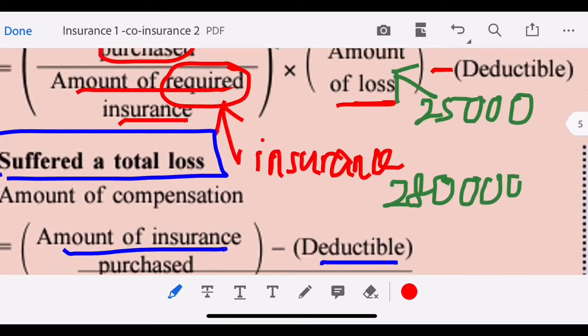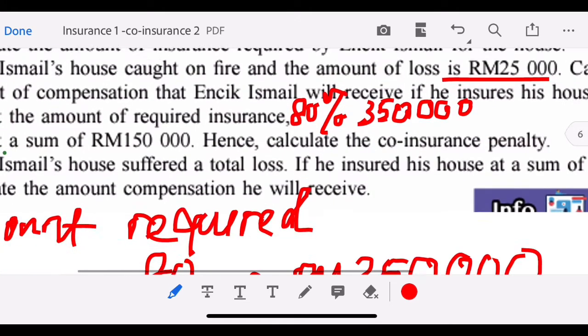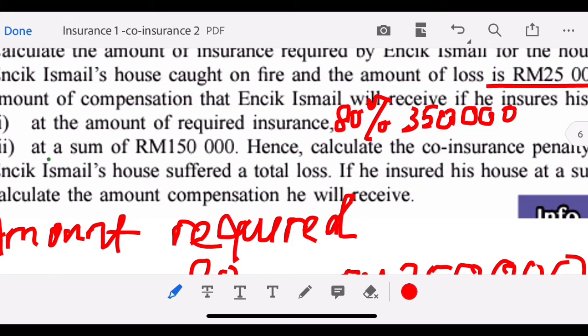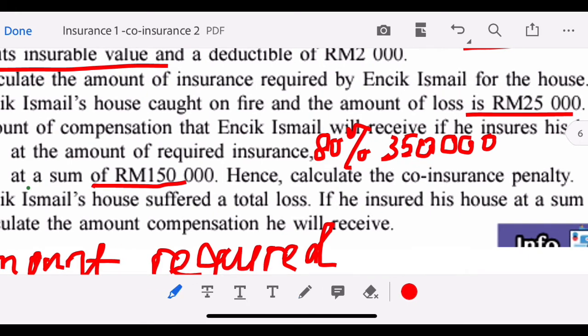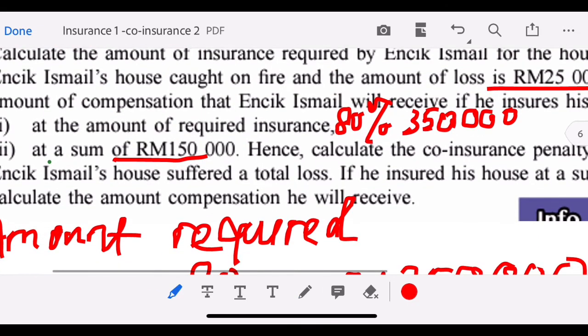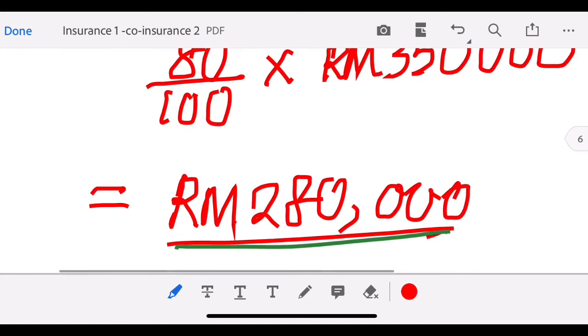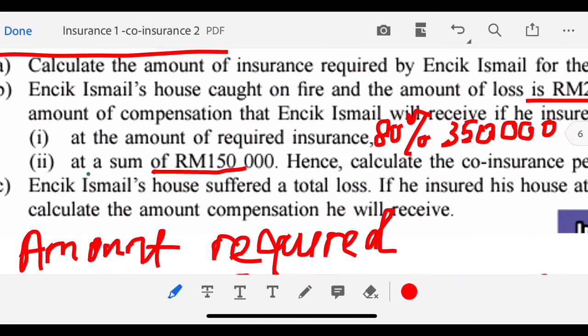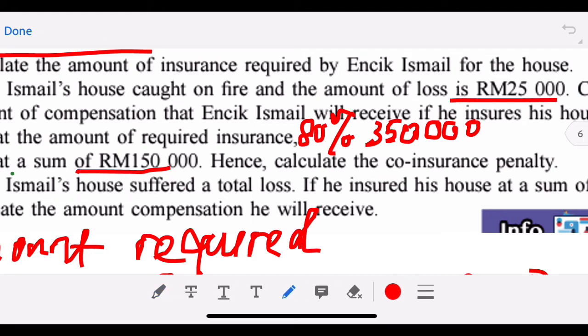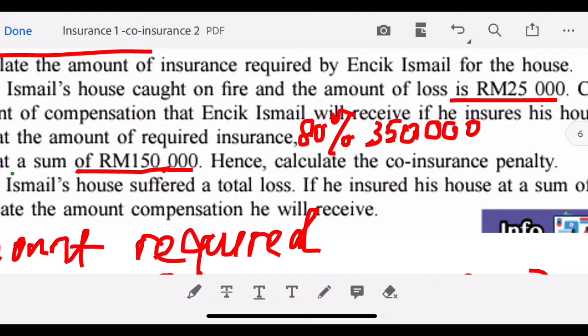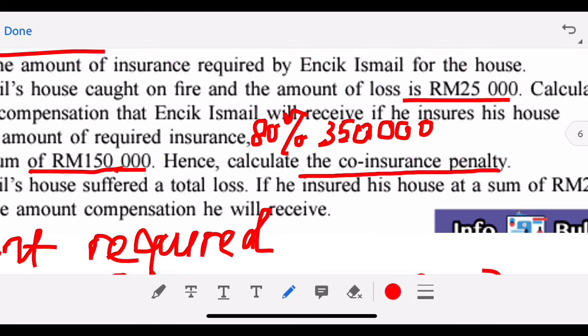But for case 2, the sum that Inje Ismail insures is 150,000, which is not the amount required by the insurance company, 280,000. That means Inje Ismail insured less than the value required by the insurance company. If it is less, then we have to calculate the insurance penalty.